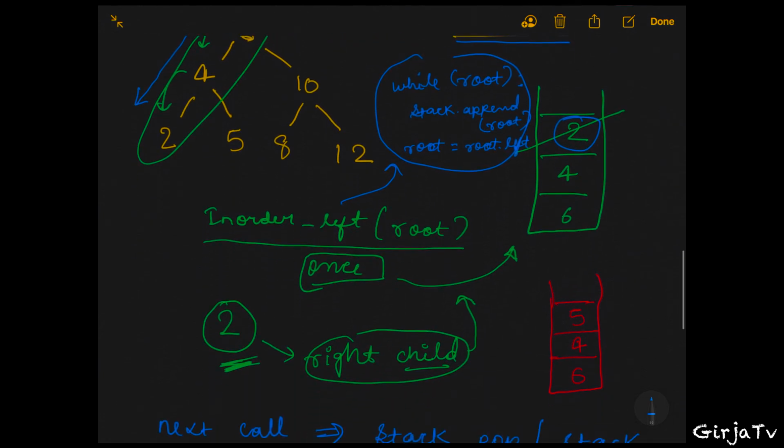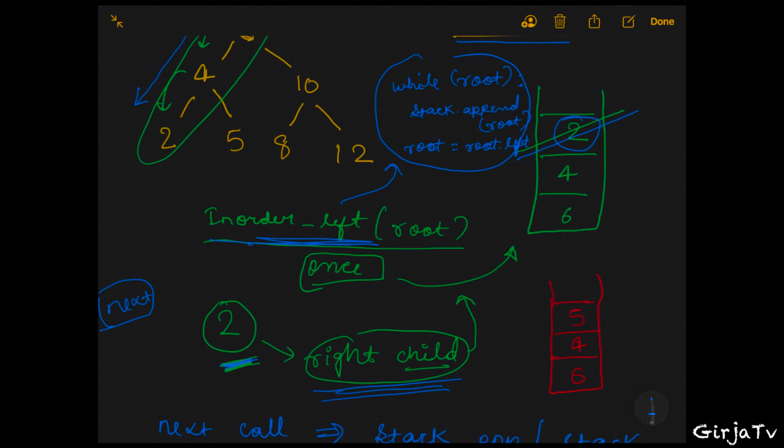So this is how we store it, and then after that, if the next function is called, we will just pop an element from the stack and check if it has a right child or not. If it has a right child, we will call the in order left function for the right child of that node.